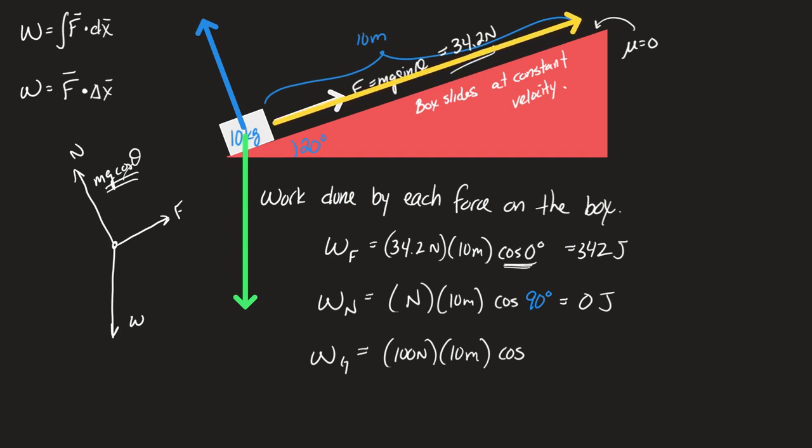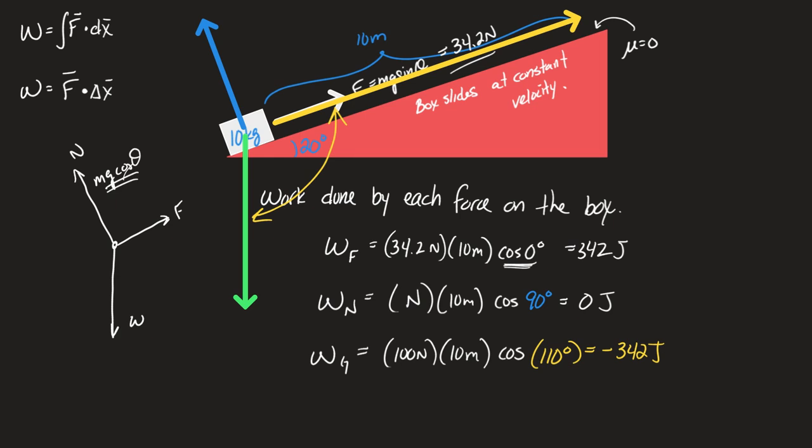Right, that's the displacement's direction. We're looking for this angle here. 110 degrees. You guys see why it's 110? All right, so cosine of 110 degrees, which, by no surprise, gives negative 342 joules. Has to be, doesn't it?